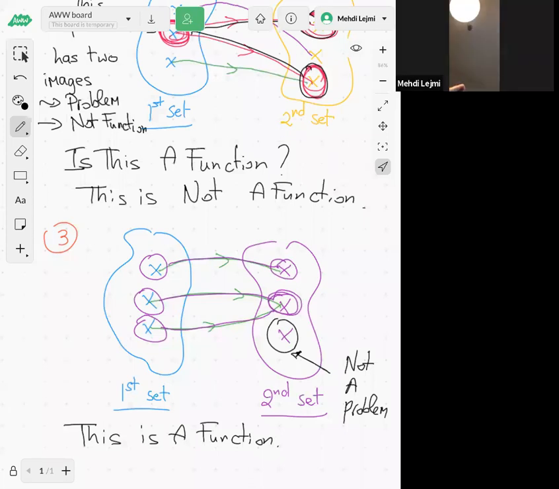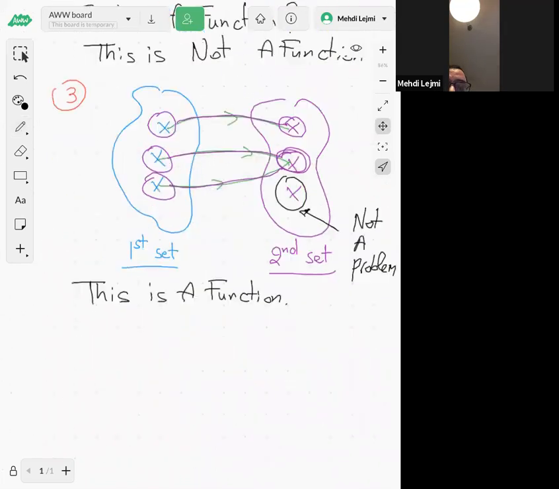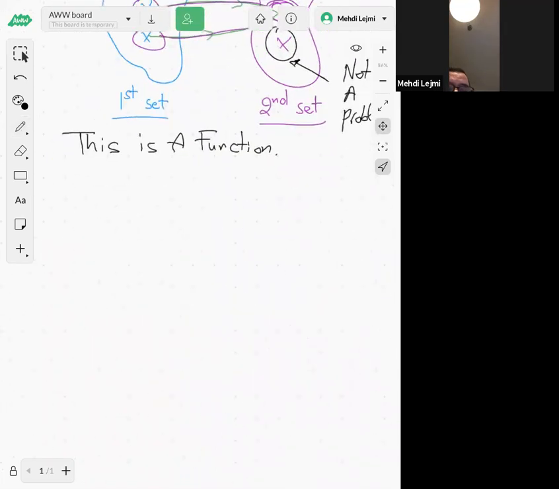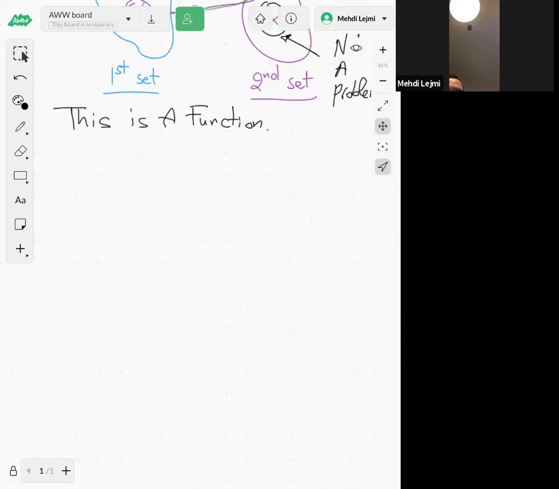Any questions, guys? All right, so here's an exercise. I'm going to give you a couple of correspondences, and you need to say whether they are functions or not.